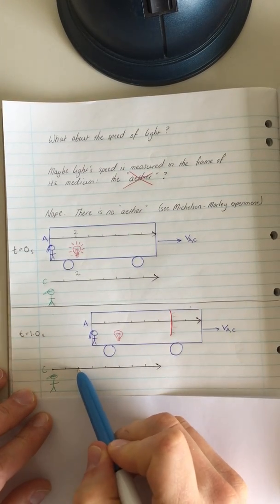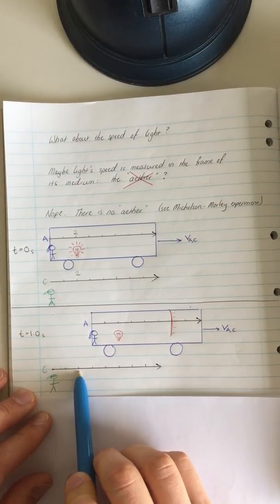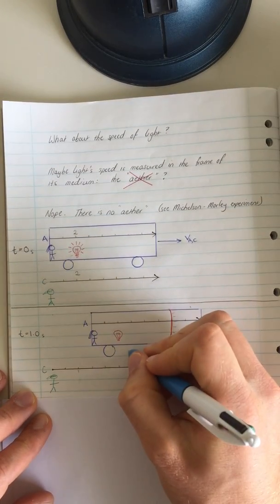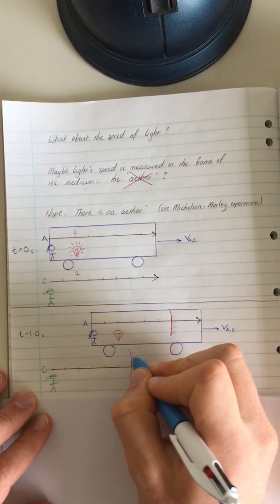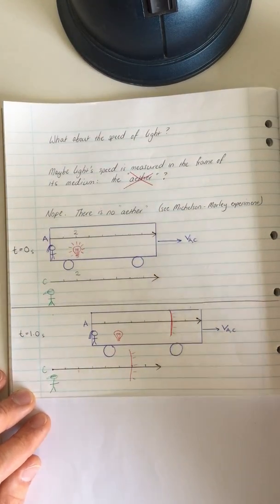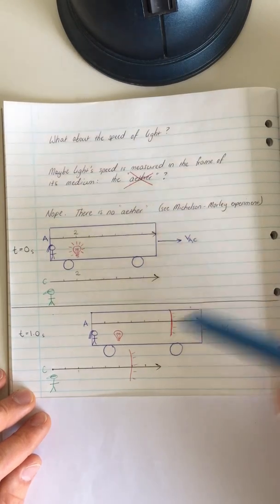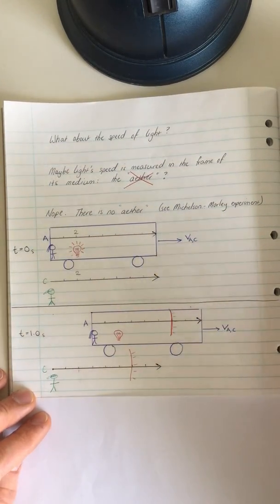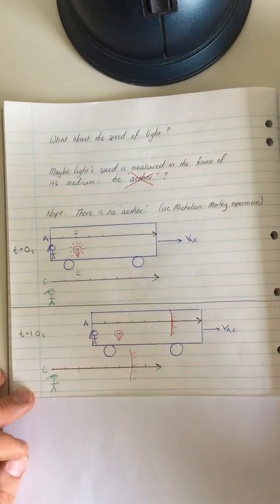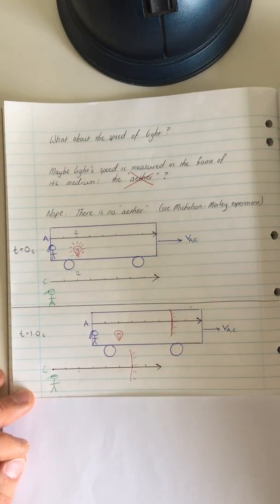So it started here, the light bulb was in position 2 originally, and it's moved 4 positions to the right, the flash, so 1, 2, 3, 4. So he says that the flash is here. Now, just to be really clear, this is the same flash, but these 2 people are measuring it to be in different positions, because they're saying the speed of light is the same for each of them.